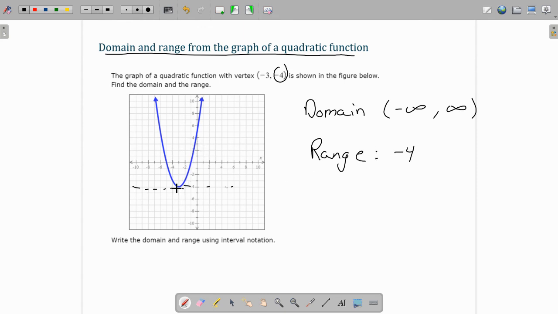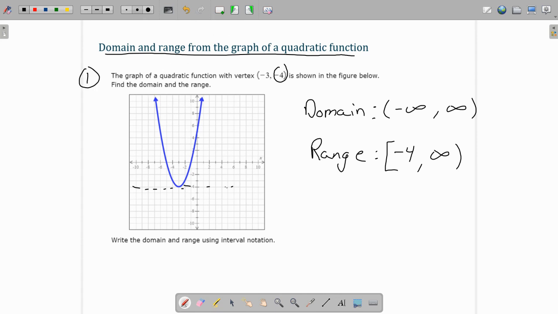And because it's part of the curve, we use a bracket, which means the number is included. And then for the range, it goes up forever. So up forever means infinity, and we always use a parenthesis. So for all these problems, domain's going to stay the same for quadratics, for parabolas.